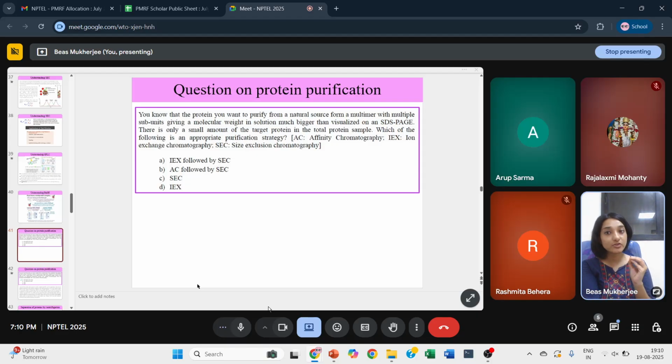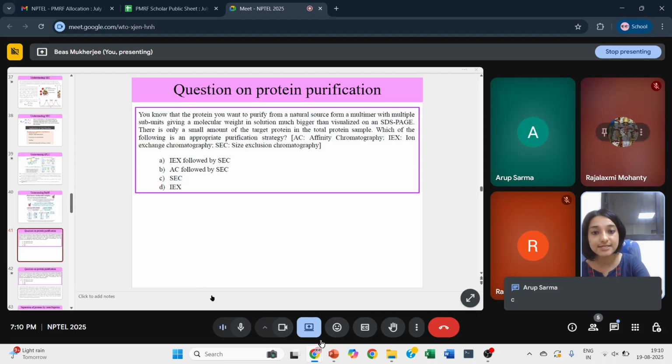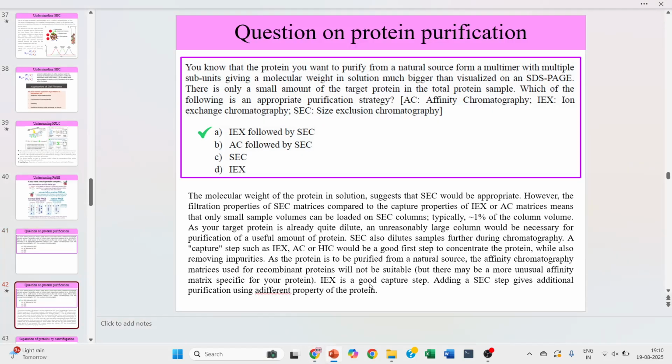Which of the following is an appropriate purification strategy: affinity chromatography, ion exchange chromatography and size exclusion chromatography? So how are you going to separate this out? It forms a multimer. Okay. C is yes. Okay, right.